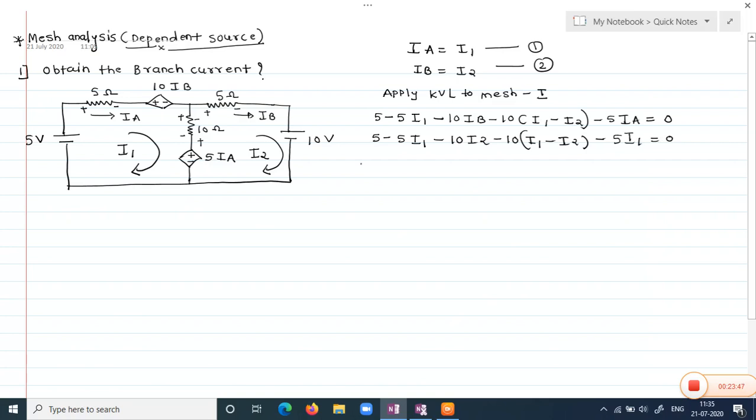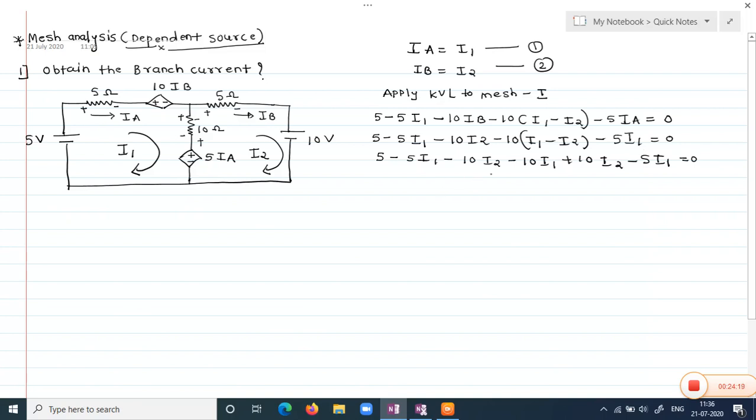Then you have to simplify this equation: 5 minus 5 I1 minus 10 I2 minus 10 I1 plus 10 I2 minus 5 I1 is equal to 0, right?